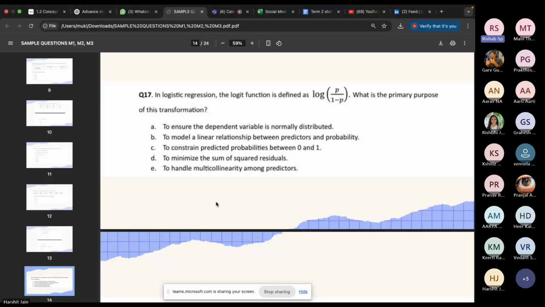Linear relationship between predictors, meaning variables, and probability. Basically, we are converting this probability term into a linear form. But in the answer sheet, I think they gave option C as the answer. So I don't know. This is also one question which we need to recheck. Do you guys have any thoughts? This is the basis on which I solved this question.